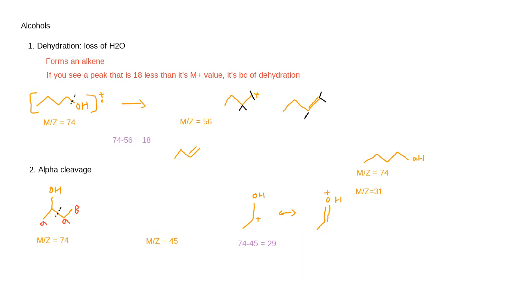So when we do our math, 74 minus 31... Wait, no. One sec. 74 minus 31, sorry, that gives you 43.